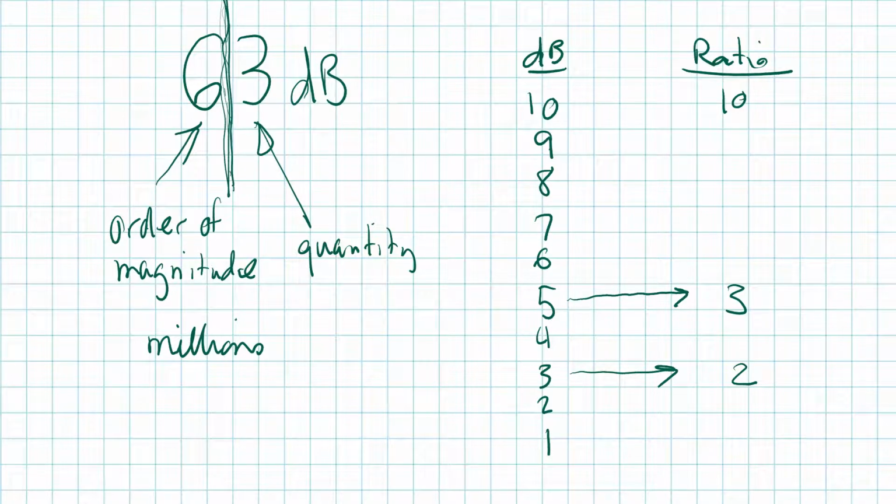And now some of the easier numbers are we have to work with addition on the left and translate that way. So 9 can be thought of as 3 plus 3 plus 3, and converting to ratios, that's 2 times 2 times 2, or 8.